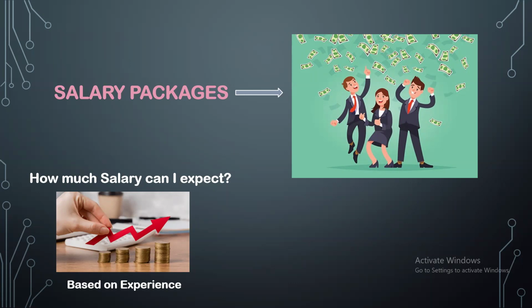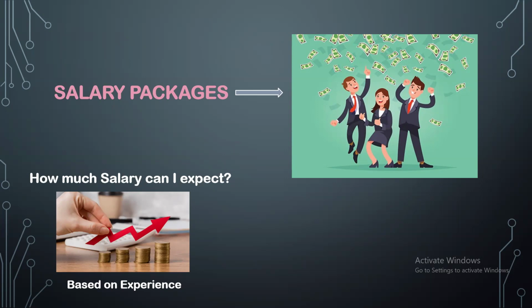So, how much salary can we expect after 3 years of experience? For example, 3 years of experience as a software tester with a CTC of 5.5 to 5.6 per annum in India. In companies like Infosys, TCS, Wipro, Capgemini, Cognizant, you can expect 8 to 9 lakhs per annum. With a counter offer, it can go up to 10 to 11 LPA. In companies like Deloitte, EY, KPMG, PwC, you can expect 10 to 12 LPA.